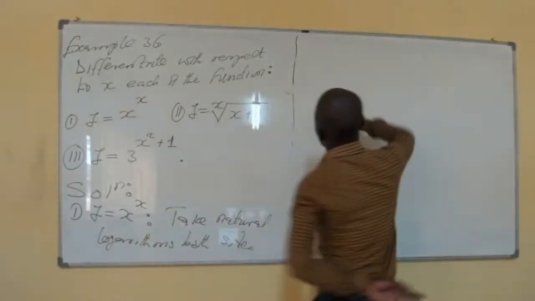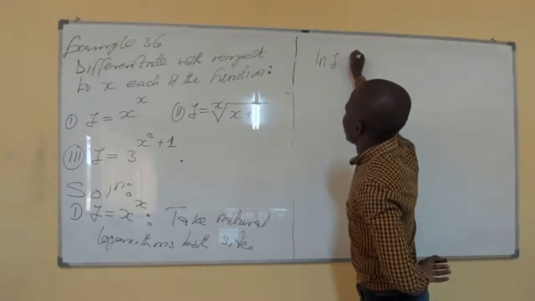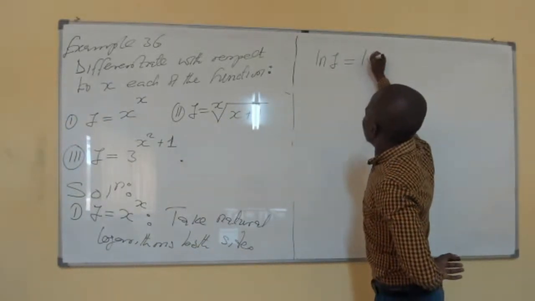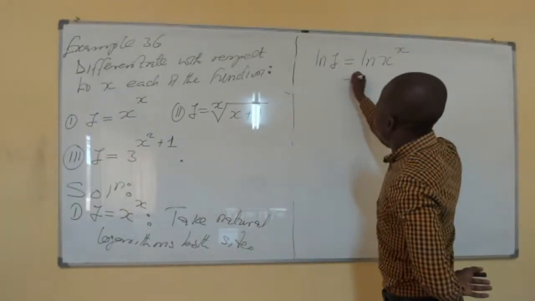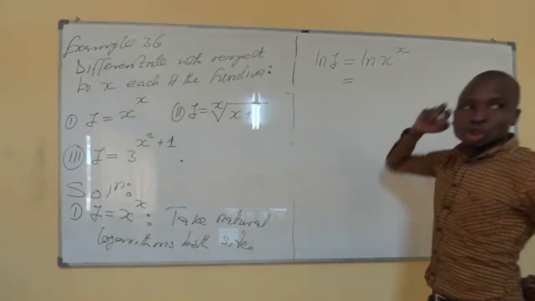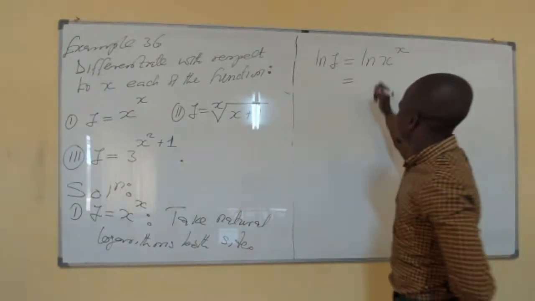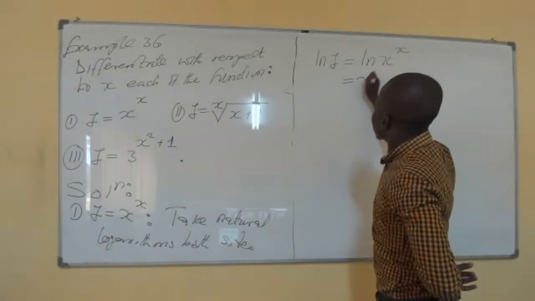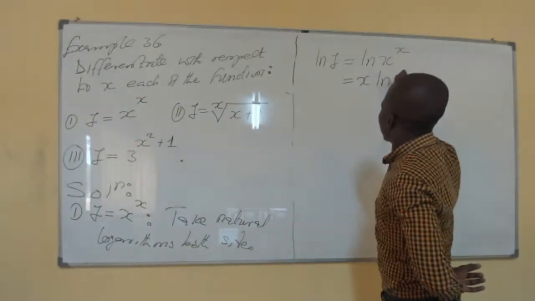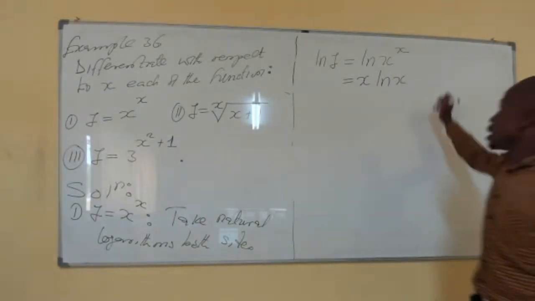So what you're going to get is ln of y is equal to ln of x to the power x. Now ln of x power x, using the power rule for logarithmic functions, is just x multiplied by ln of x. Now this one becomes easy for us to differentiate.